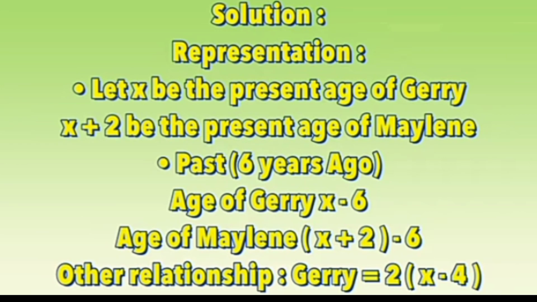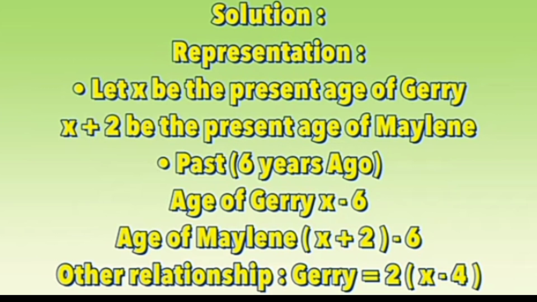And this problem involves past years, so we're going to consider 6 years ago. So for the age of Jerry, we're going to subtract. For past years, we subtract from the present age of Jerry. Since Jerry is X, we have to minus 6 years. The age of Milan is X plus 2 minus 6 also. And we have to look for the other relationship stated in the problem.